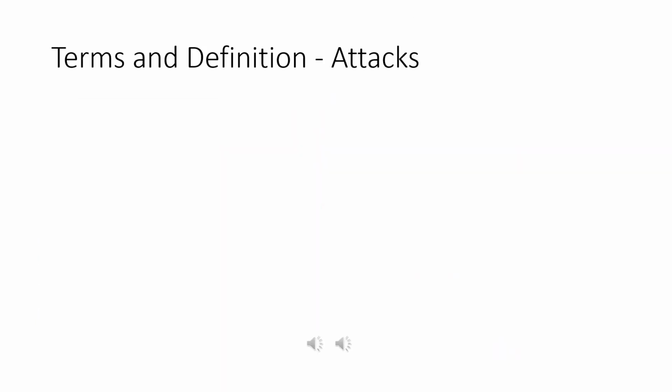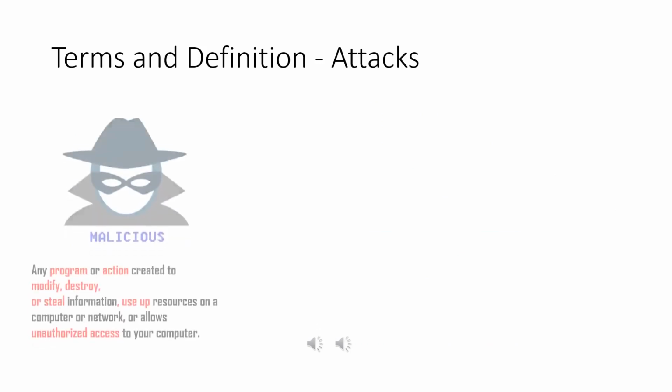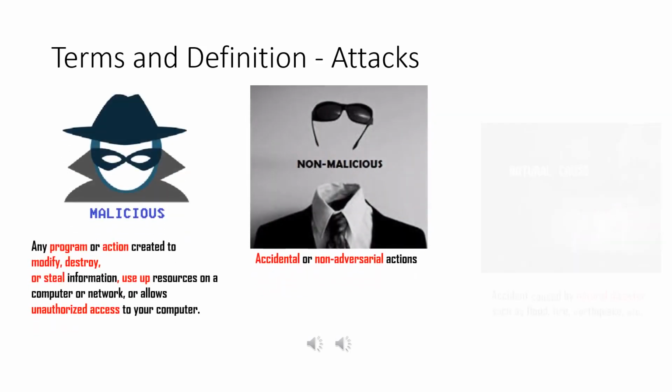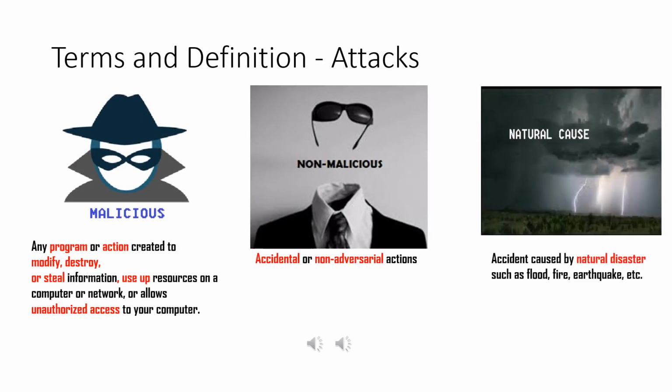In computer security, there are three types of attack: malicious, non-malicious and natural cause attack. A malicious attack is an attempt to forcefully abuse or take advantage of someone's computer, whether through computer viruses, social engineering, phishing, or other types of social engineering.